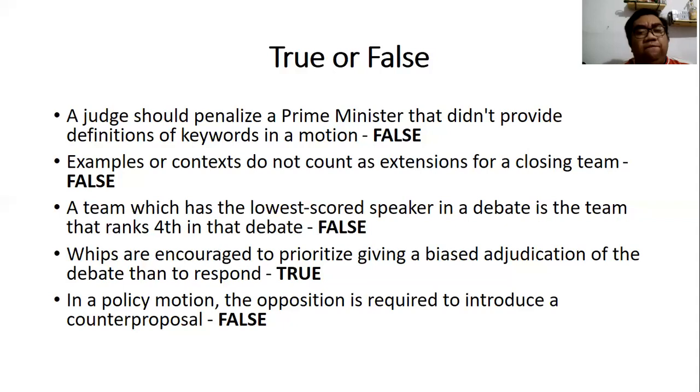We've also felt that a lot of the judges answered true for this. It is important to straighten out the record that opposition teams do not have a burden to solve the problem. Opposition teams' burden in a debate is simply to oppose the motion.